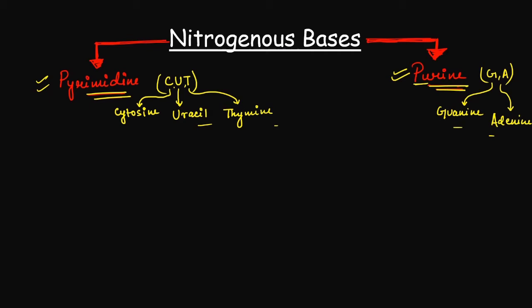So in case of pyrimidine, pyrimidine is a ring structure which has 6 members. So it is actually a 6-membered ring structure. And as it is a nitrogenous base, of course there will be nitrogen in this compound.